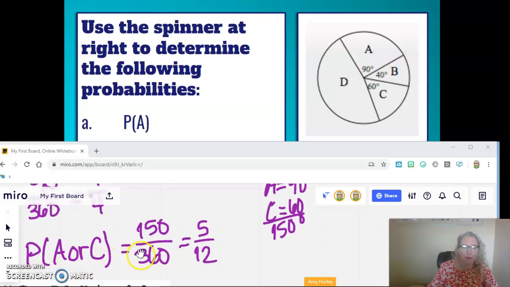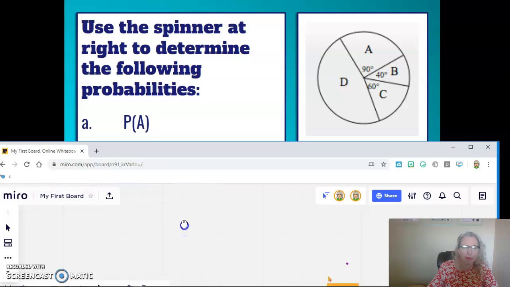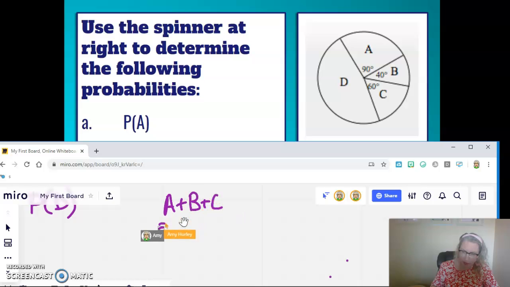Now the probability of D we're going to have to find. We know that A plus B plus C is the same as 90 plus 40 plus 60 degrees, which is 190 degrees.